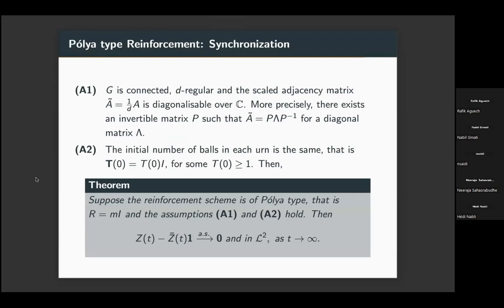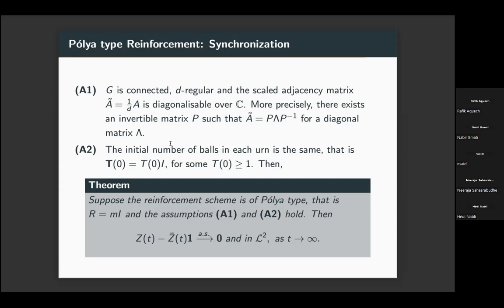So now I'm thinking of an undirected graph just to simplify everything. And I'm saying that my A, which is my adjacency matrix, I assume that it is diagonalizable. Finally, I also assume that the initial number of balls in each urn is the same. This was not required in the earlier part.